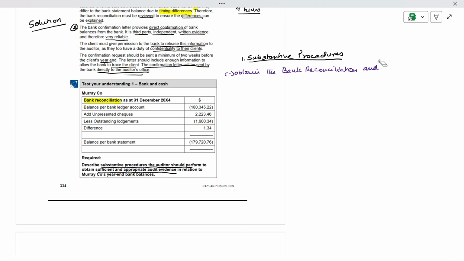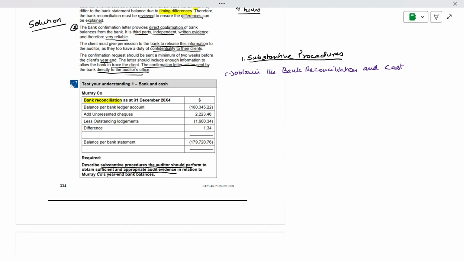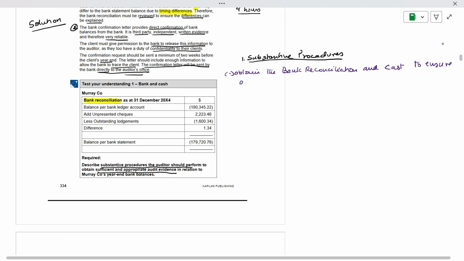You will total it. First you will see the totals. If you are doing it by system also, you will make sure that the totals are the same, to ensure arithmetical accuracy.